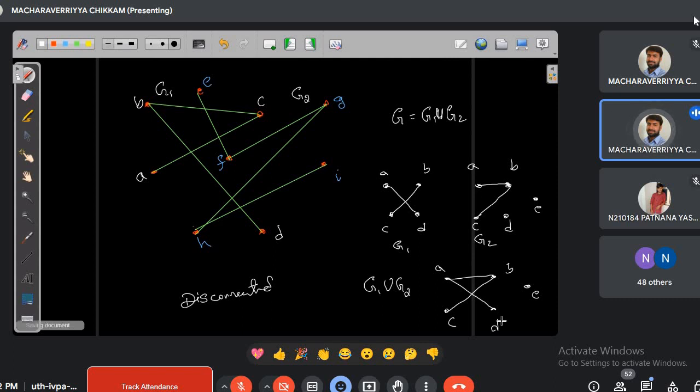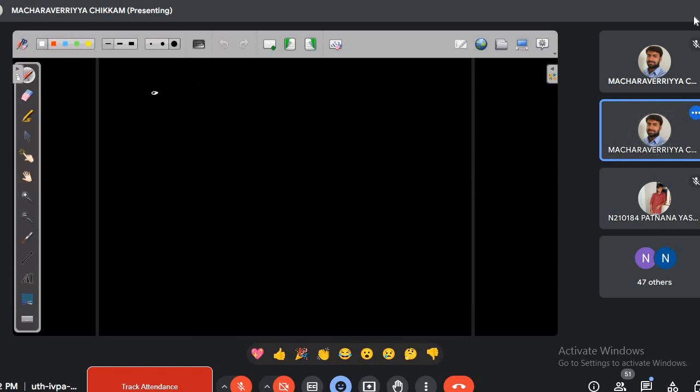So if a graph is disconnected, then definitely it is the union of connected components. So how about a null graph? For example, if I take a graph of this type, right? This is clearly disconnected. This is a null graph. Now, how many connected components are there?